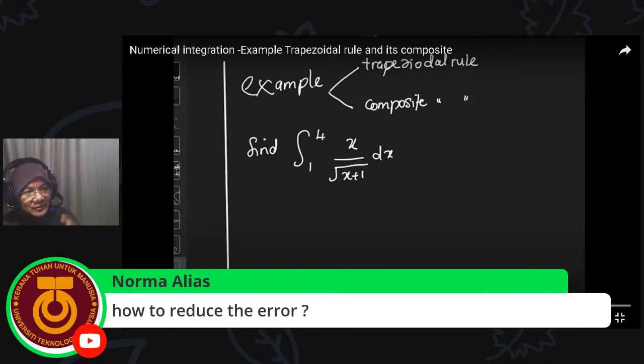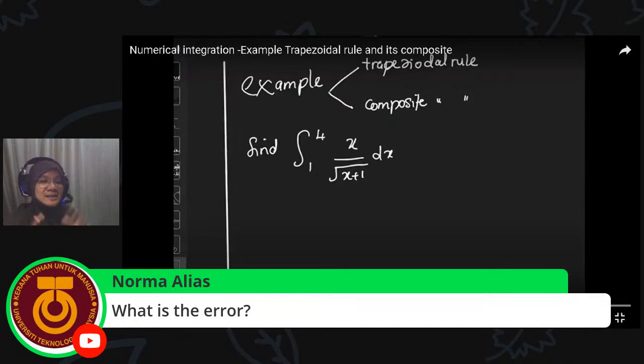We reduce the error of the area under the graph using the composite trapezoidal rule, because the difference between the graph and the trapezium is very small. What is the error? The error is between the area under the graph and the trapezium area.